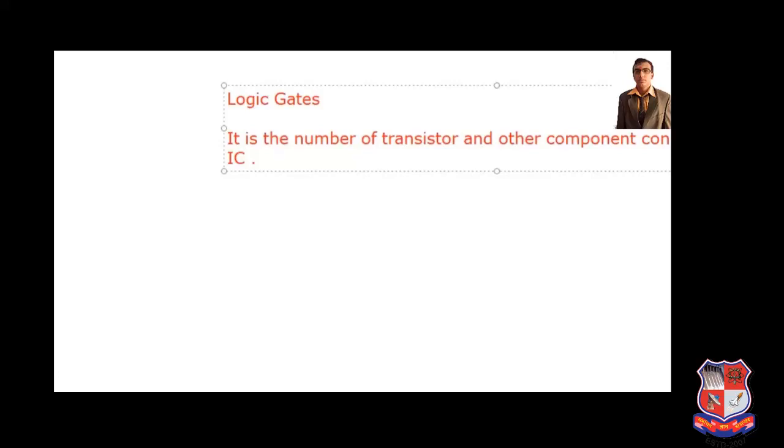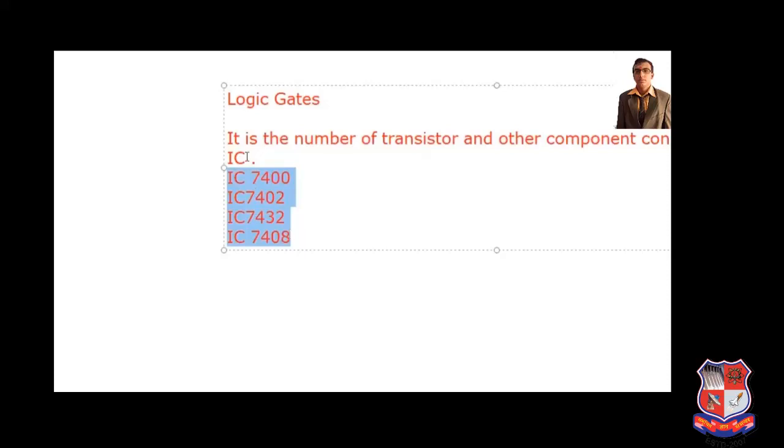Now, based on the IC, say IC 7400, IC 7402, IC 7432, IC 7408, these different numbers indicate different logic gates. I will explain this in the last portion of my lecture.